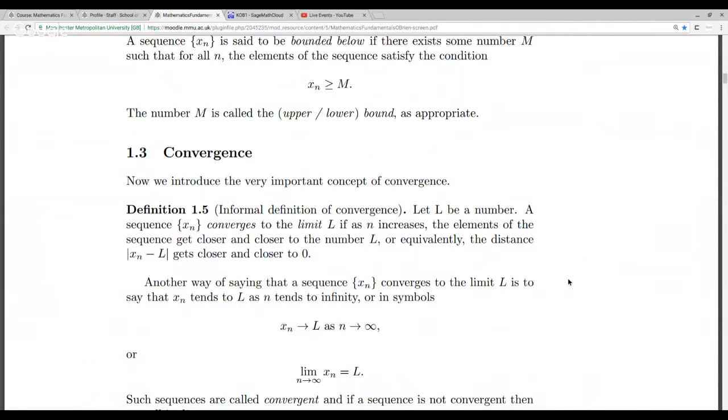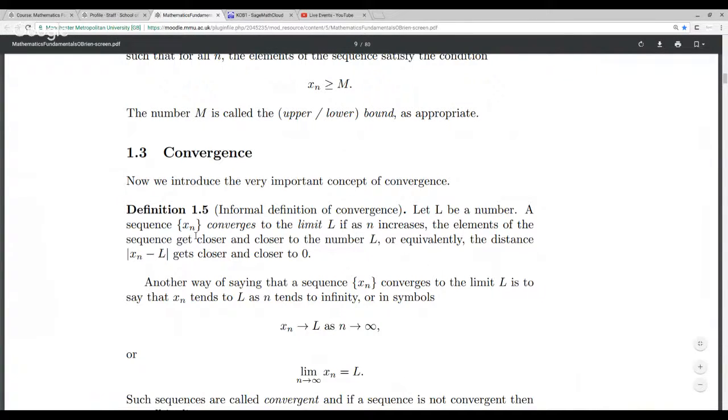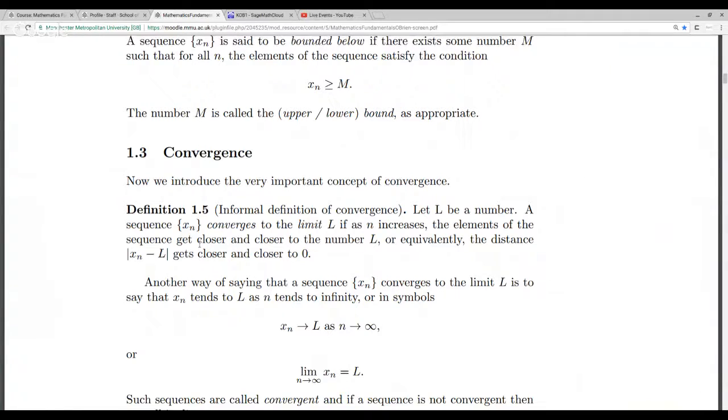So we have this number L. L is going to be the limit of the sequence. And we say that the sequence {x_n}, with these curly brackets referring to the sequence as a whole object in its own right, converges to the limit L if, as n increases, the elements of the sequence get closer and closer to the limit L. Which is more or less what we've said before about convergence in general.